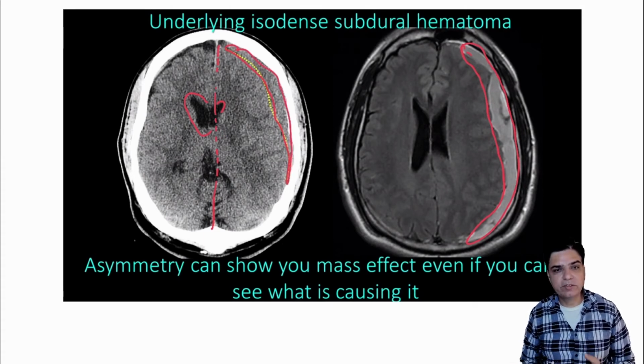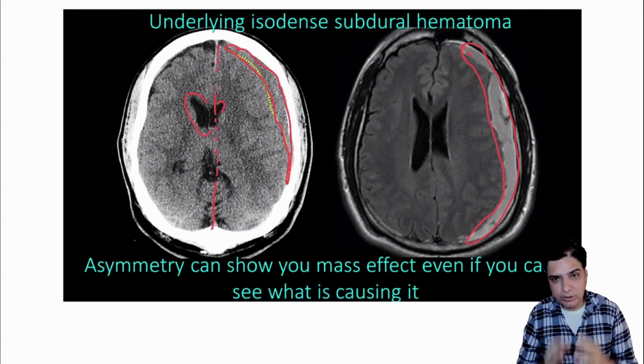Basically, it's so isodense that on the CT scan you are not able to pick it up. But at least you know that there is a midline shift. So again, you have to correlate with the history. In this particular case, you probably would have to go for an MRI to pick it up. But at least you know that there is something wrong. This is known as the mass effect.